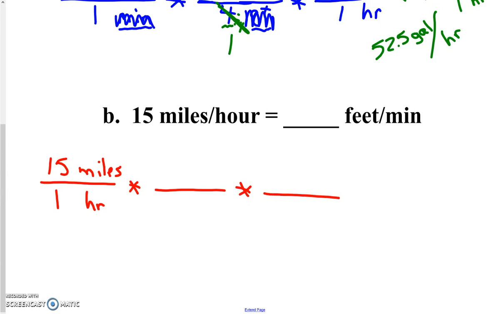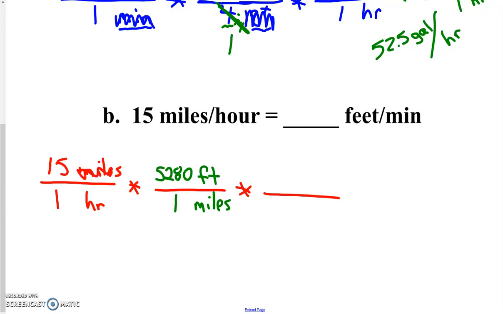And let's say I want to get rid of the miles first. Well, miles are in the numerator here, so they go in the denominator here. And I know I'm changing miles into feet. Now I've got to make sure I put my numbers in the right place. I know there's 5,280 feet in a mile. So 1 mile is 5,280 feet.